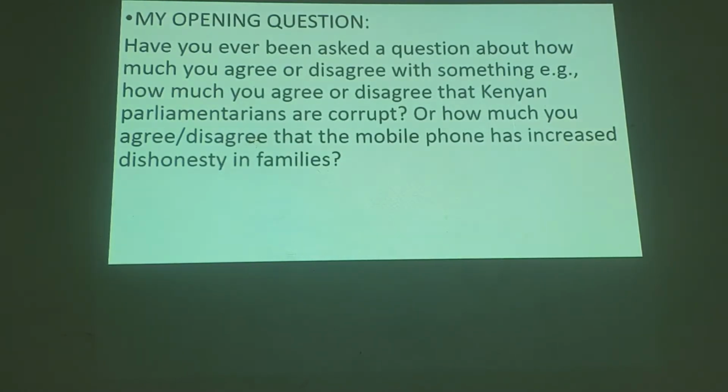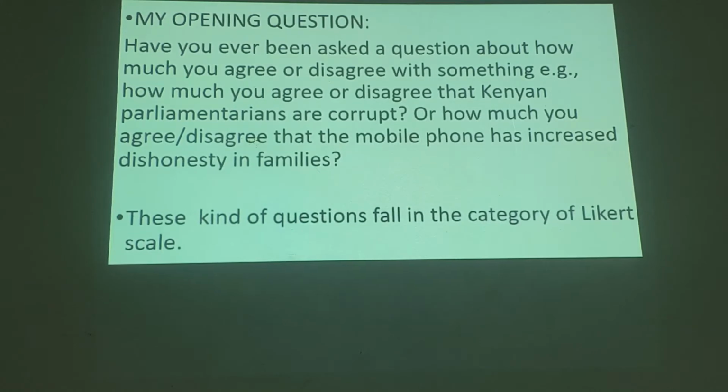Like how much you agree or disagree that Kenyan parliamentarians are corrupt? Or how much you agree or disagree that the mobile phone has increased dishonesty in families? Yes, these kind of questions fall in the category of Likert scale.